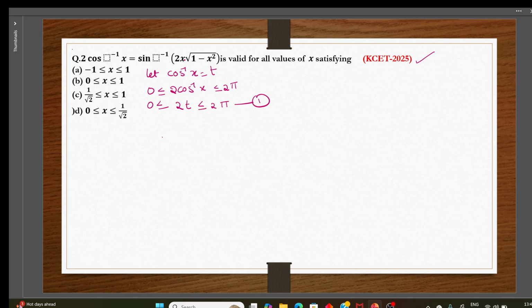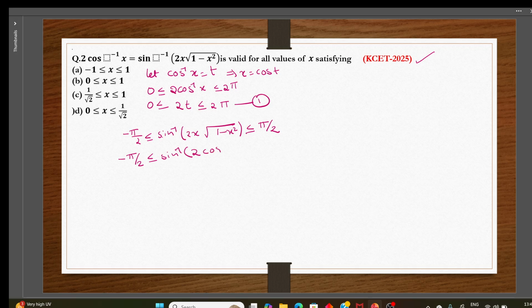Now, on the right hand side, observe that sin inverse is there. The range of the sin inverse function is minus pi by 2 less than or equal to sin inverse of 2x square root of 1 minus x square, less than or equal to pi by 2. Since cos inverse of x is equal to t, x is equal to cos t.